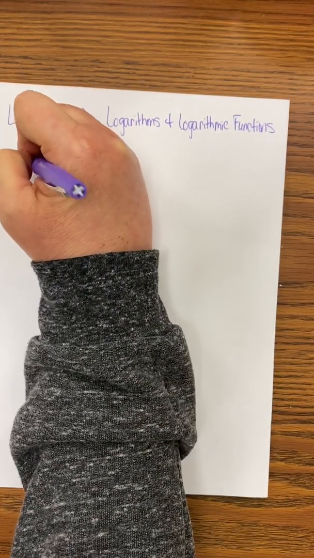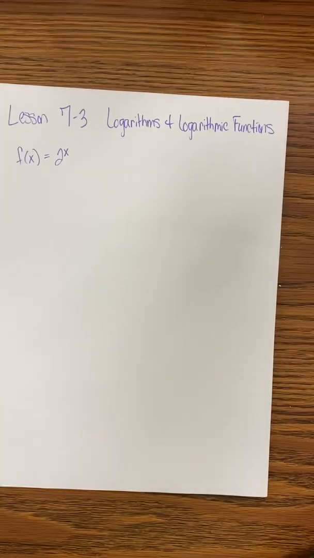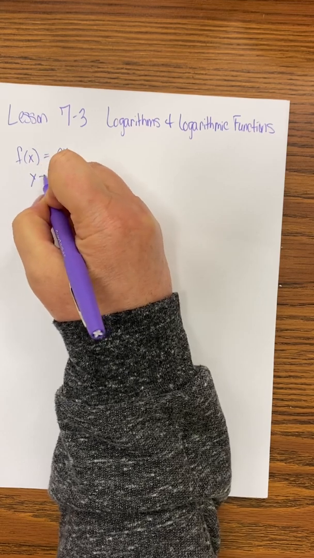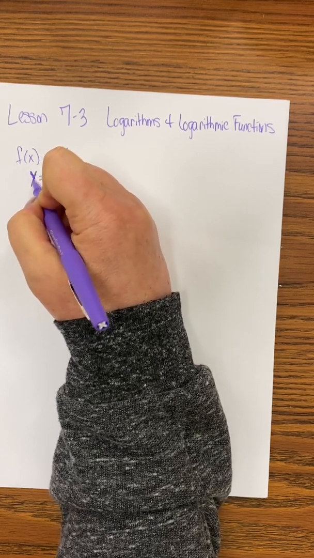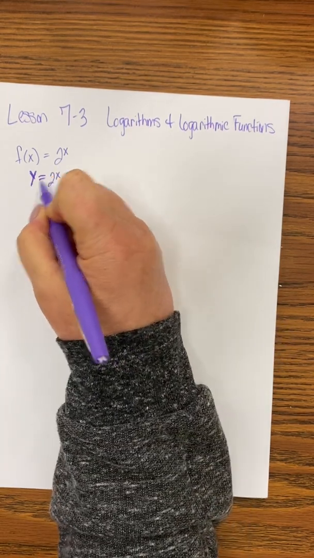If you remember back when we did functions and you had to do the inverse of a function. We had the function, and when we do the inverse, we would replace that function notation with our y. And then to do the inverse, you swap your x and your y.